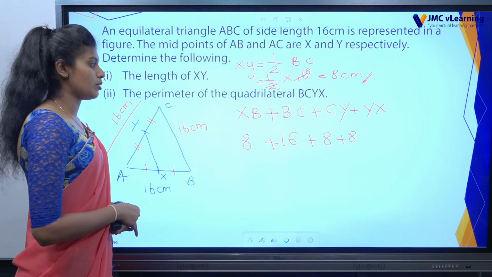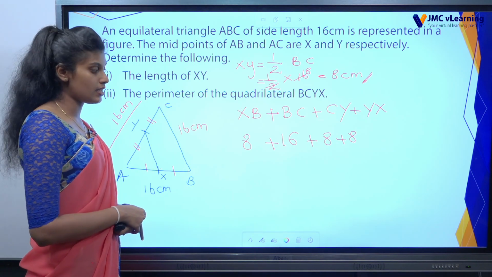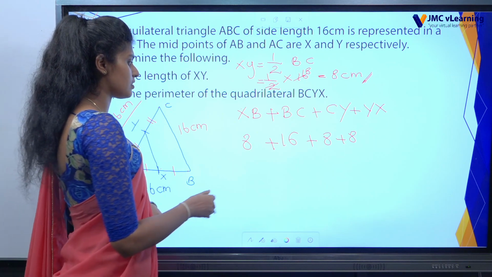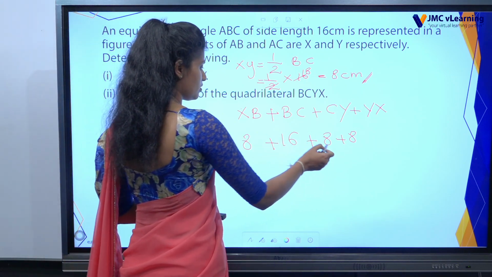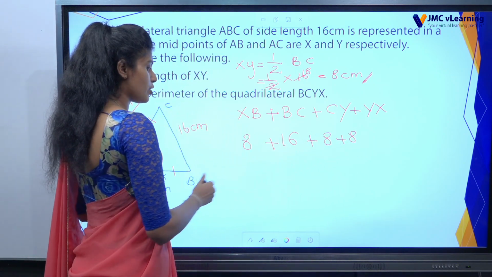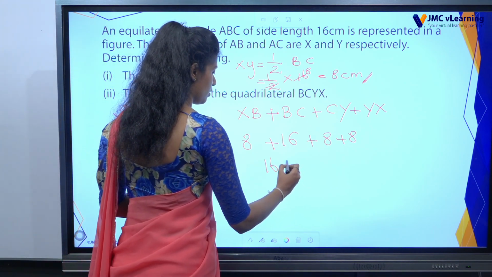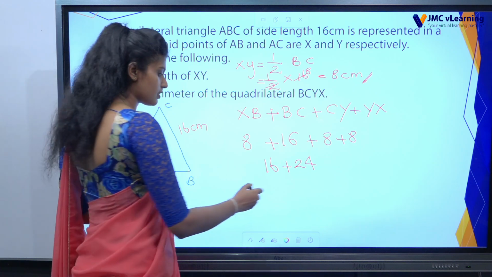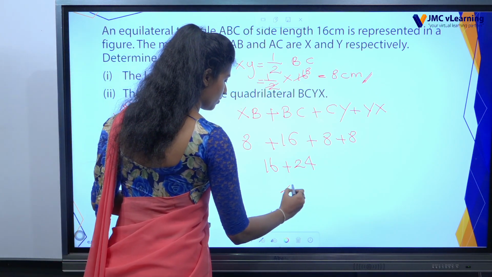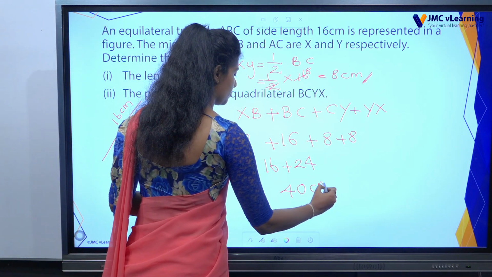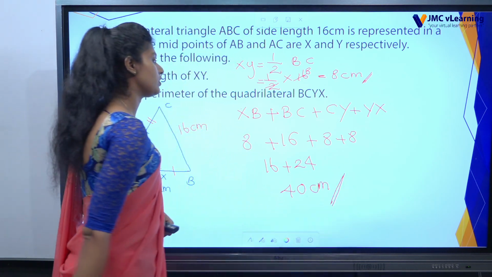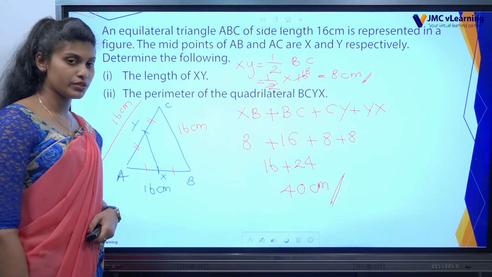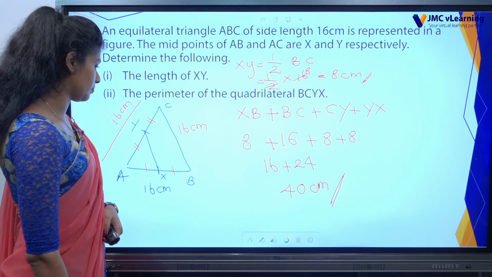After that you can take the perimeter of BCYX. Then what is the answer? You have to add 1, 2, 3: three 8s mean 24. 16 add 24. What is the answer? It is 40 centimeter. The perimeter of the quadrilateral BCYX is equal to 40 centimeter.